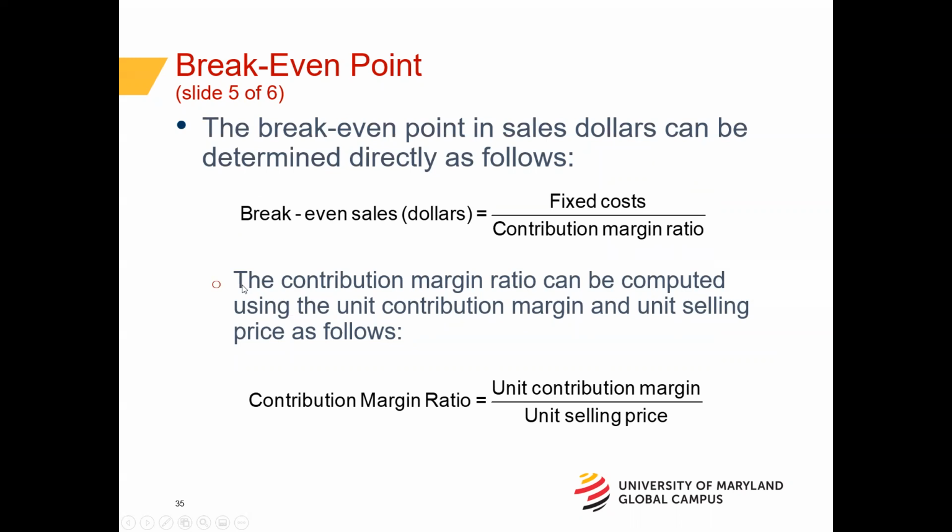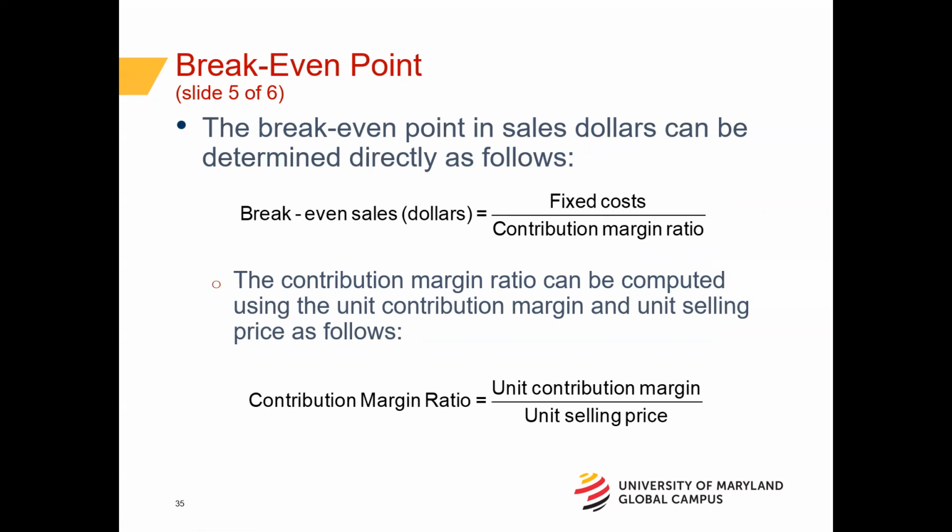Now, we've looked at the break even in terms of units. We need to understand it in terms of sales dollars. Okay. We know how it is in units. Now we're going to look at it in sales dollars. In terms of sales dollars, this is how much revenue or sales I need to make or earn to break even.